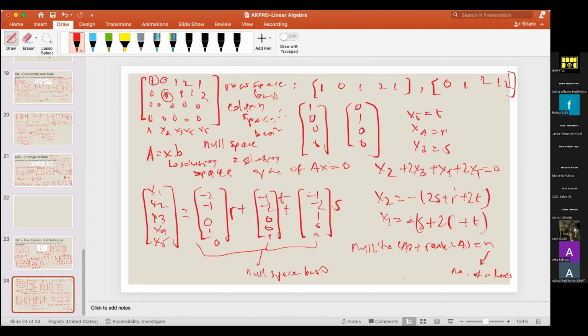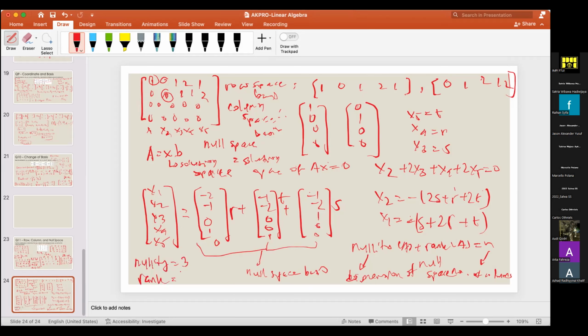The nullity of A is the dimension of the null space. What I mean by dimension is how many column vectors are formed in the solution space. And here we can see there are 3, so the nullity equals 3.